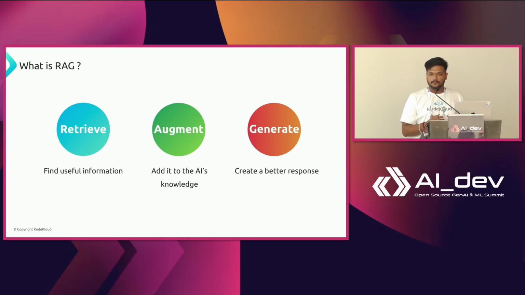The second step is augment, which refers to adding that knowledge, that information, to the AI's knowledge, giving a brain, an AI library, to your system. And finally, the generate step, where you generate better responses based on the information that you have fed into your RAG system or your LLM. So these are the three basic terms in RAG, and that's it. RAG is finished. All right.